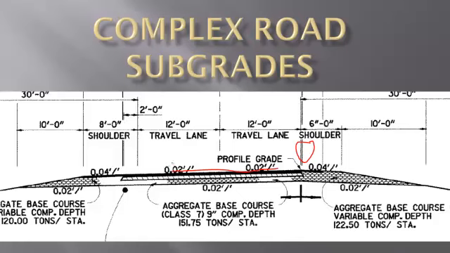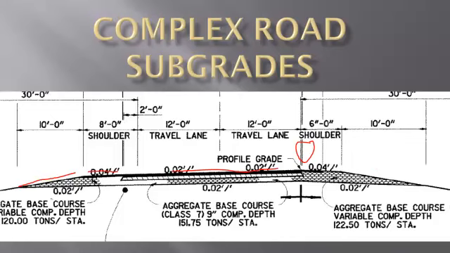We start out with a 2% slope here to the left. We break to a 4% shoulder, and then we have a foreslope that's going to vary according to what the conditions are. And those are oftentimes outlined in side tables or by standard details provided by the state. When we get to the other side of the shoulder, you'll see we have the same 4% shoulder and a foreslope. But here's the interesting thing.